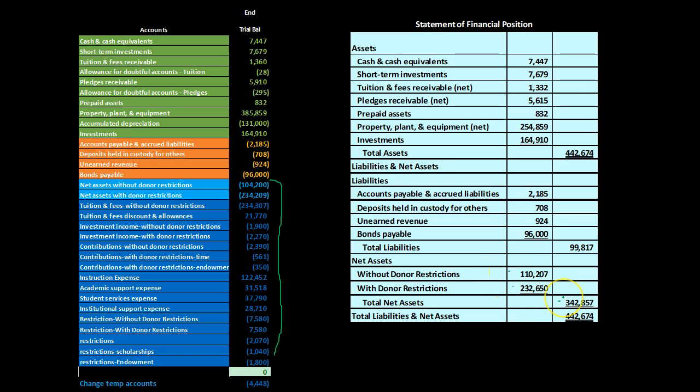What you'll do there is you'll be able to pick up this number and at least be able to judge whether or not a mistake has been made along the way by using the double entry accounting system, by adding up the liabilities and the total net assets, kind of like the equity section, to, in this case, the 442,674, the bottom line. And if that matches the total assets, then we say, okay, good. Now we have the smaller problem of breaking out basically these two numbers.